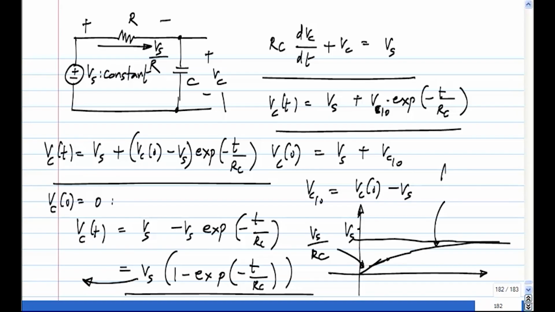So this one asymptotically reaches Vs. But this business of finding out what the initial slope is, etc., you should be able to do even without the solution, right? Just by looking at the circuit. By computing the currents in the circuit, you can tell how much current is going through the capacitor. That tells you how fast its voltage is changing.